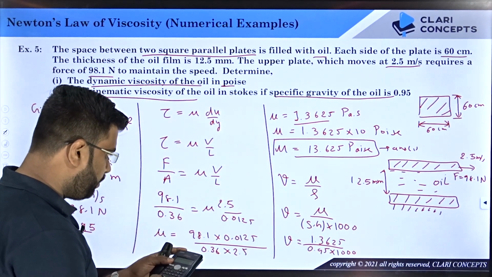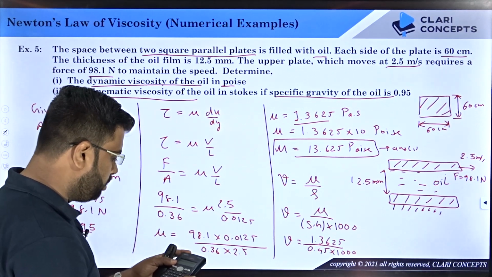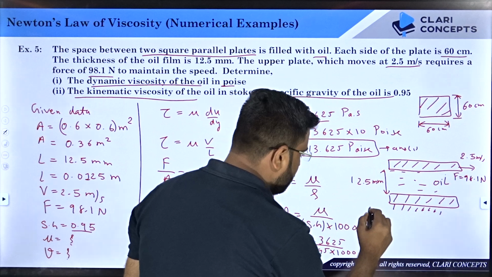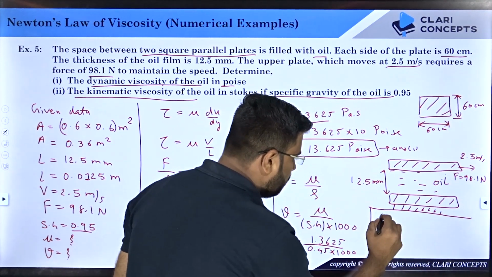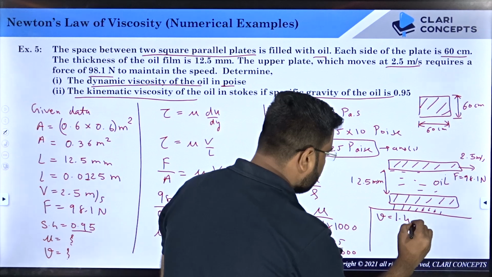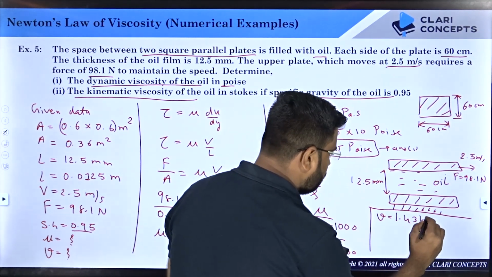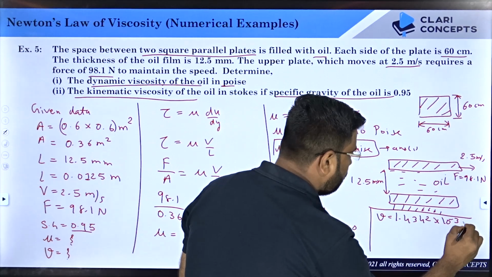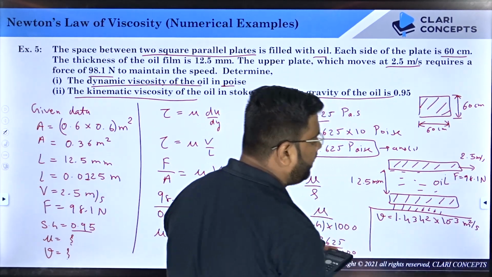So, 1.3625 divided by 0.95 divided by 1000, I will get, I am just writing the answer over here. Kinematic viscosity nu is equal to 1.4342 into 10 raised to minus 3 meter square per second, which is the SI unit.